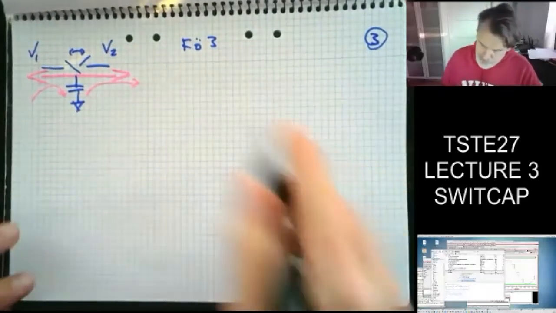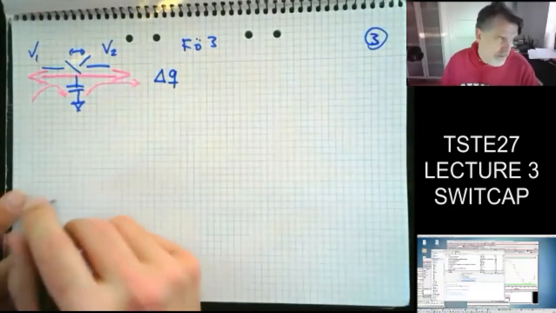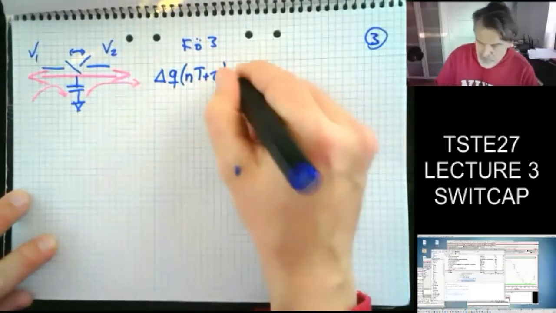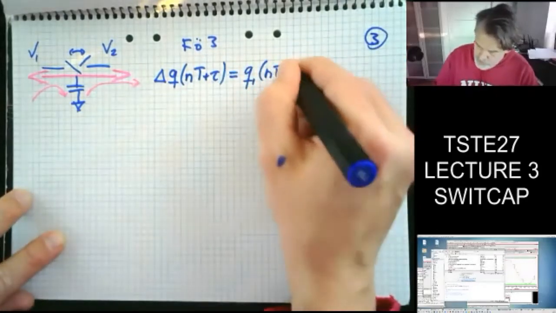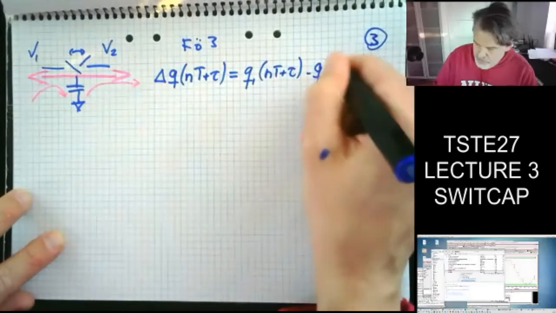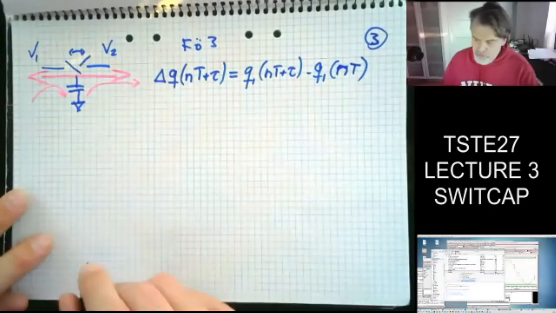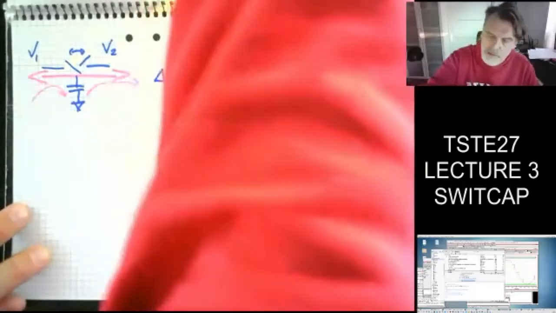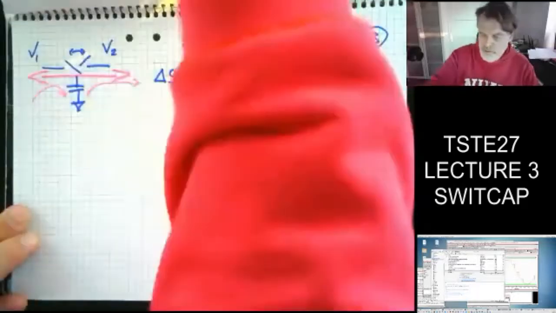Okay, and then I can define that net charge as dq, the difference at this time point. That's going to be whatever I have now minus whatever I had before, at nT. So something like this. And then I also know, as I noted down here, the voltage times the capacitor.